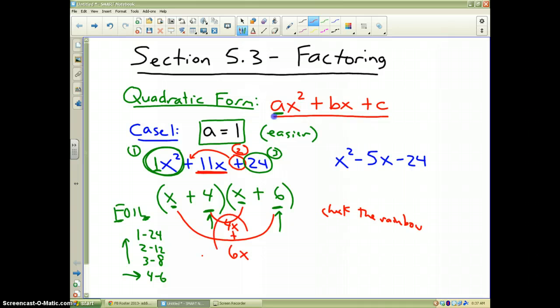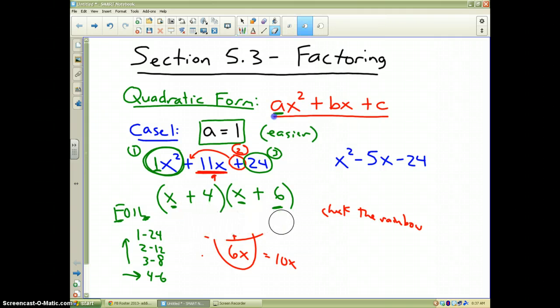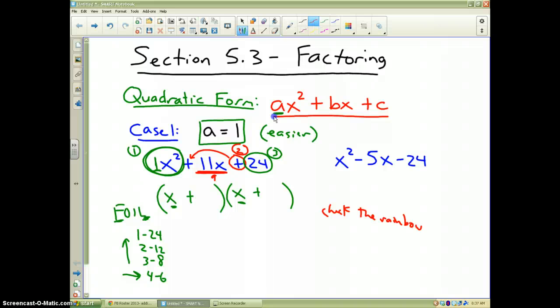Well, if I add those two together, that equals 10x. Uh-oh, that's not my middle term. I want 11x. So I know that the two numbers that I have picked are not correct. So 4 and 6 aren't right. So I need to try the next one, 3 and 8.